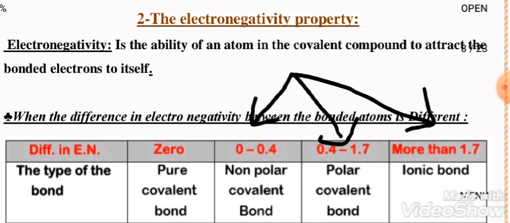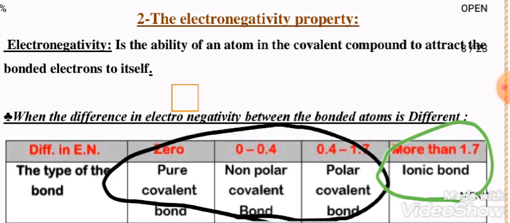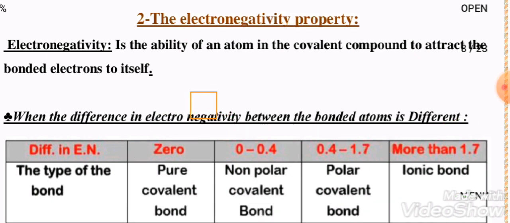So let's look at the following table that shows what type of compound it is, covalent or ionic. If the electronegativity difference of the elements within a compound is less than or equal to 0.4, it's a nonpolar covalent bond.